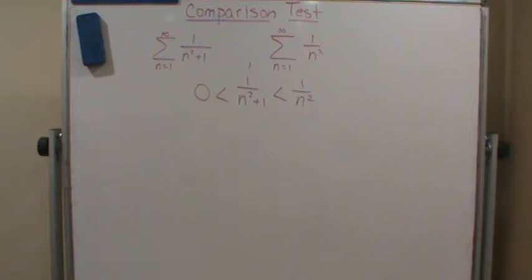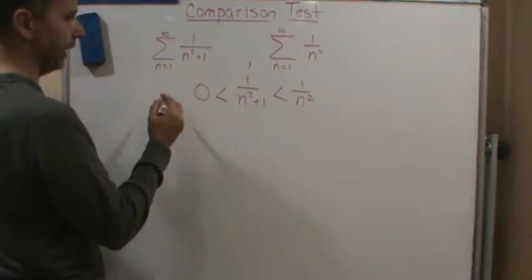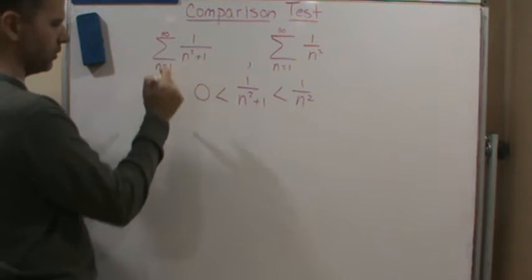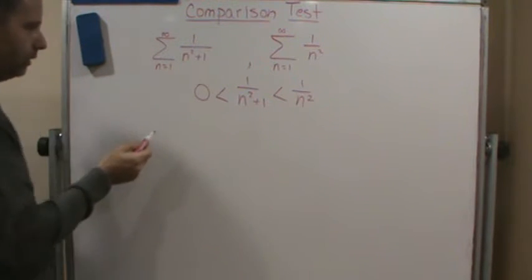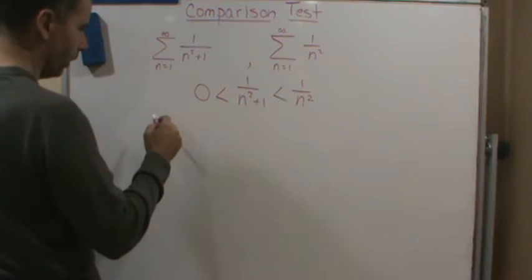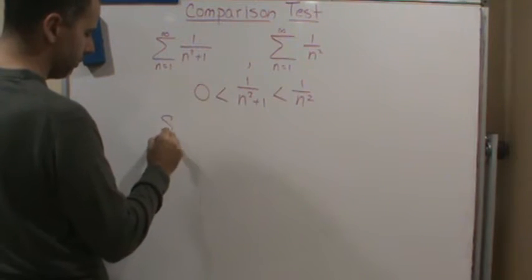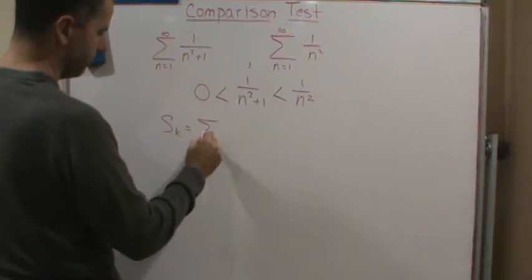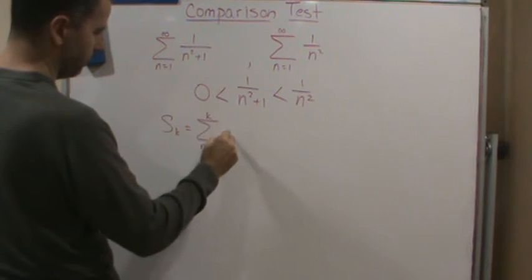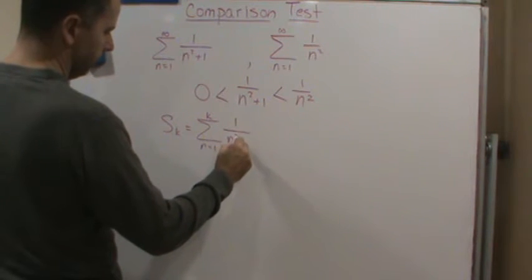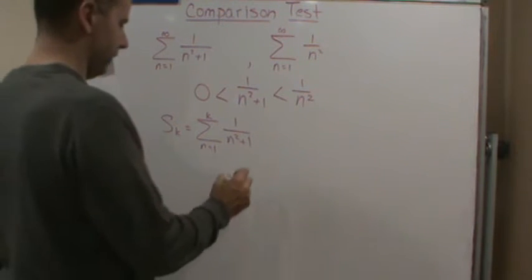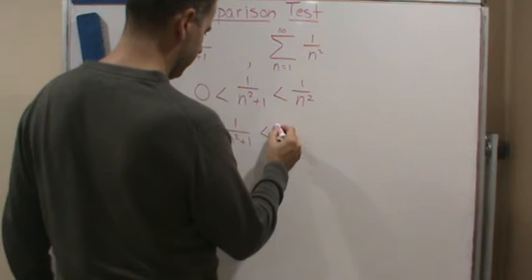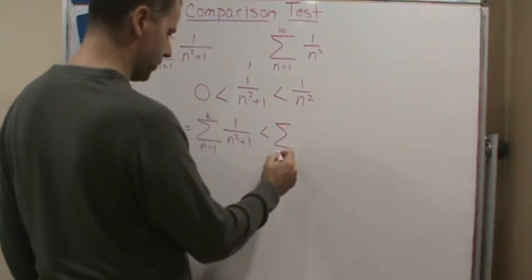Now if we look at the kth partial sum, s of k, of this series here, we know it is less than the kth partial sum for this one.